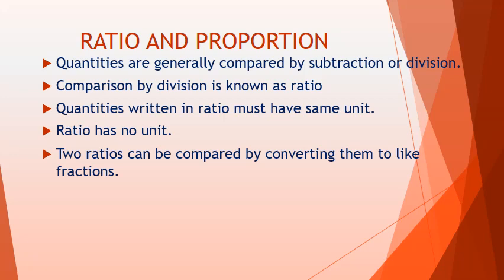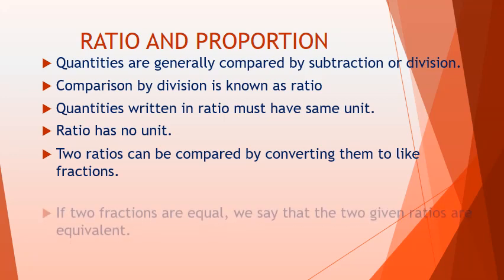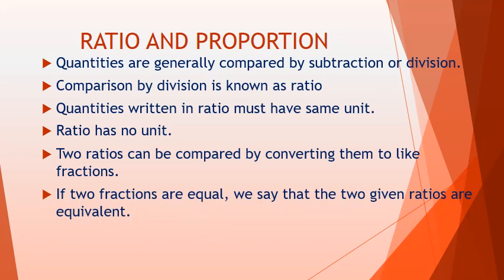So whatever comparison we are doing with the ratio, that is to find equivalent ratio, you have to do the same method as to find the equivalent fraction. If two fractions are equal, we say that the two given ratios are also equal.